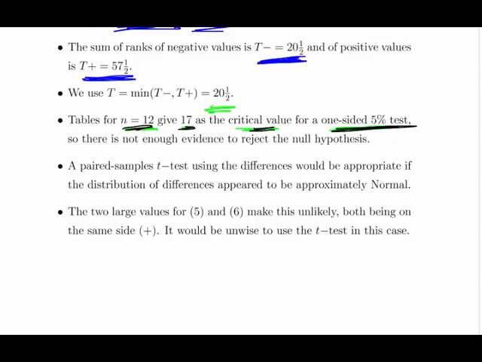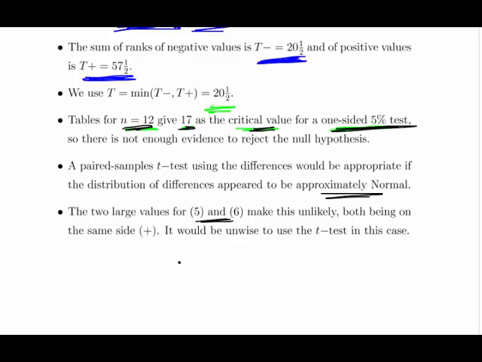The other question was related to the paired sample t-test. Using the differences would be appropriate if the distribution appeared approximately normal, but that was unlikely. We had two very high values on the same side, and it looked a bit skewed, so it didn't look like a good choice.